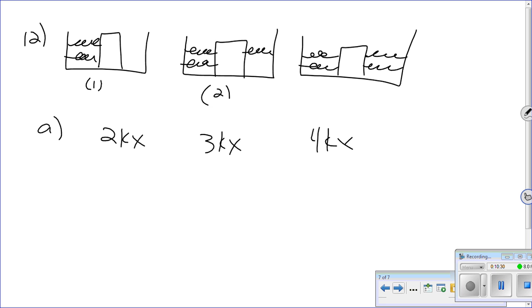Because whether you compress it or stretch it, the spring still doesn't want to be compressed or stretched. And so it's going to exert a restoring force. Cool? So the answers for 12A and B, we're ranking them from largest first. So the answer to 12A is 3, 2, 1, and the answer to 12B is also 3, 2, 1.